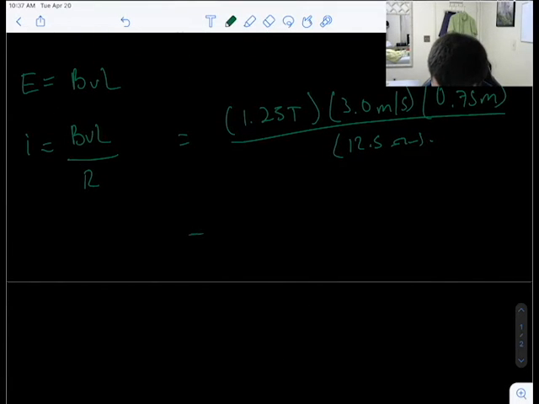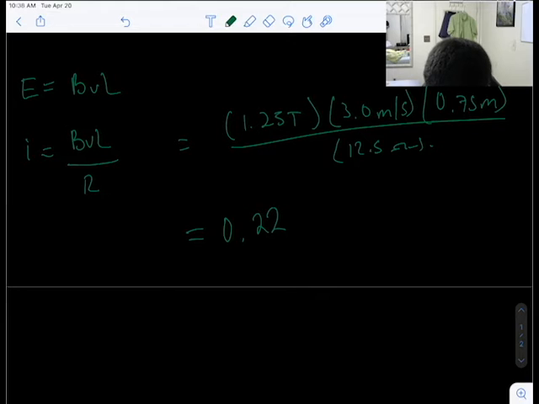When we do the math, this should give us 0.225 amperes.